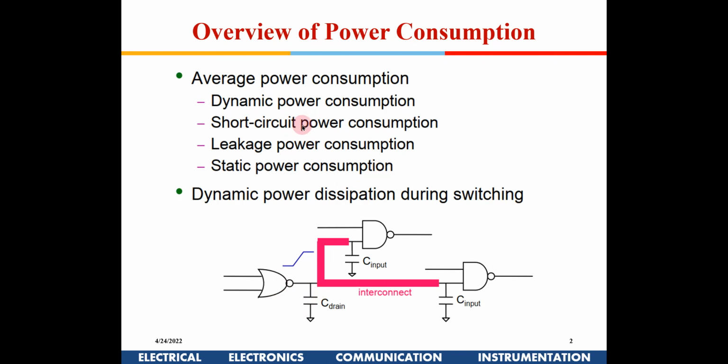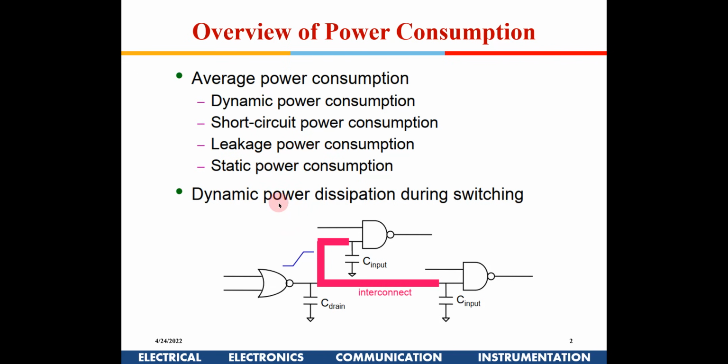Then we have the short circuit power consumption, where from the VDD to ground you have a direct path whenever the transistors are switching from 0 to 1, and then you have a leakage power, that is because of some leakage through the gate of the transistor.